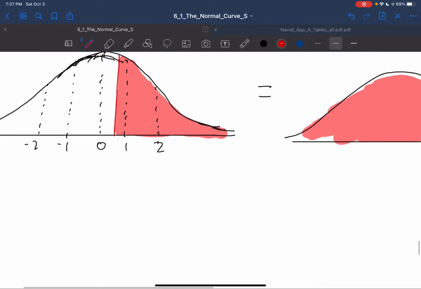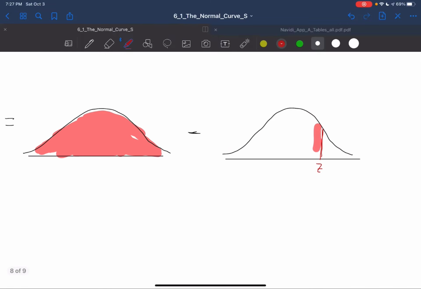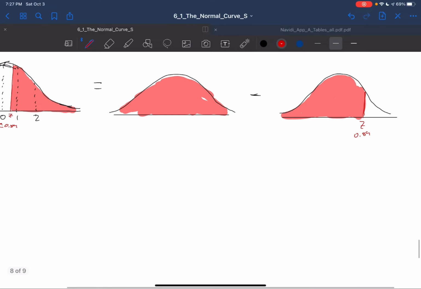So here again, this is our z, which is 0.89. Here we're finding the right of that z value. Do we know the area underneath the whole curve? Yes, it's just 1.